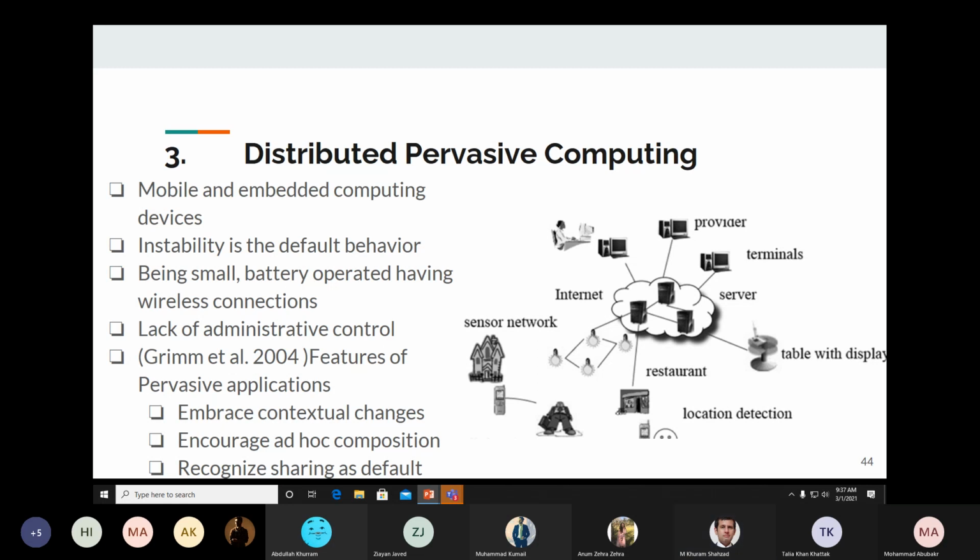Is the wireless connection more unstable as compared to wired connections? Okay. So any example? Like instability in terms of speed, availability, quality, or security.